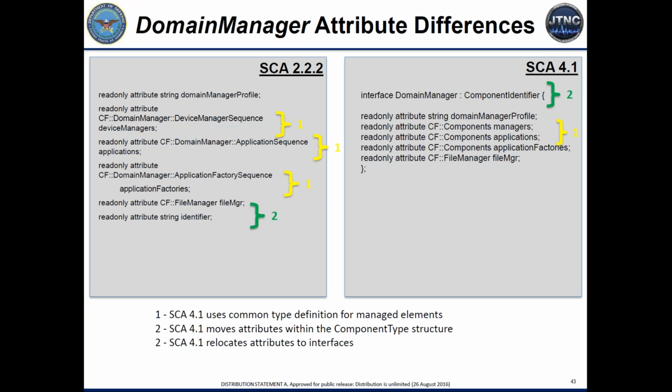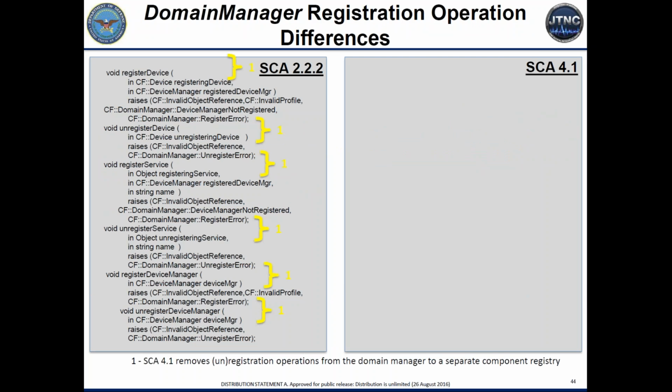And in that push towards uniformity, so I talked about the commonization or the standardization of that component type structure, instead of having those specialized application factory sequence or application sequence types, those are now things that are based on that component type construct. So same information, maybe a little bit of repackaging to get from the 222 representation to the 4.1 representation.